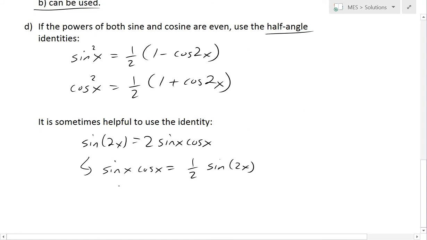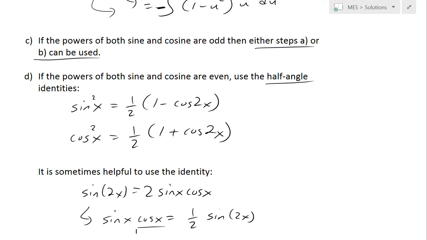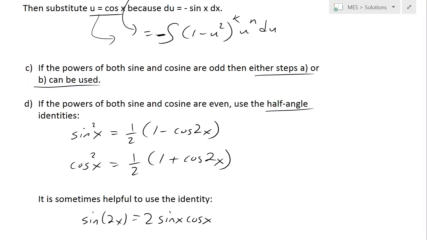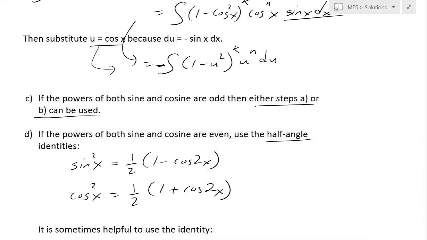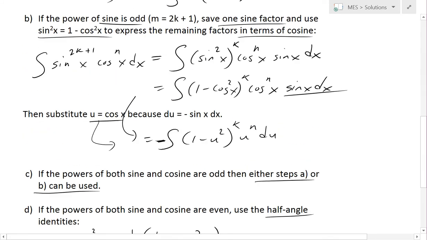This allows you to reduce one of the cos x's by removing it and using this identity. These are the steps in solving sine times cos when you have different powers of both of them.